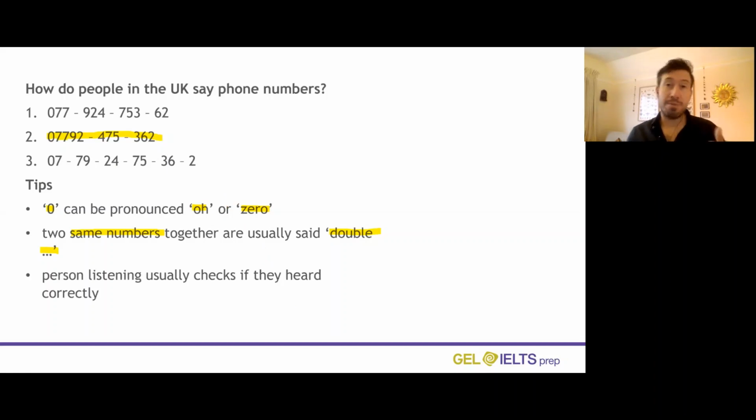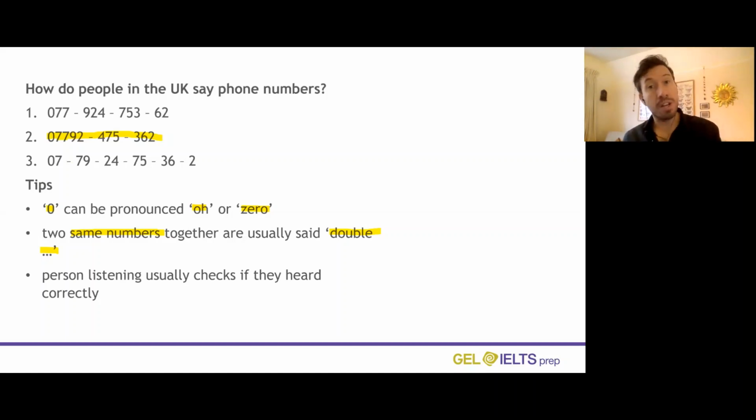And then what happens in a conversation is that if I tell you my phone number, usually you will repeat the phone number back to me to check that you understood it. So if I said, oh, my phone number is 07792 475 362, then you could say back to me, 07792 475 462, and then I can correct you if you made a mistake.